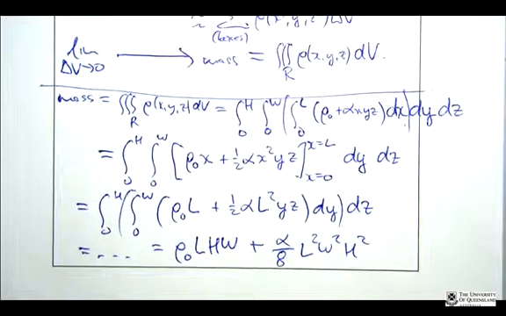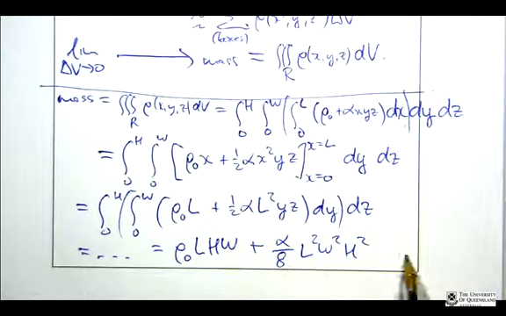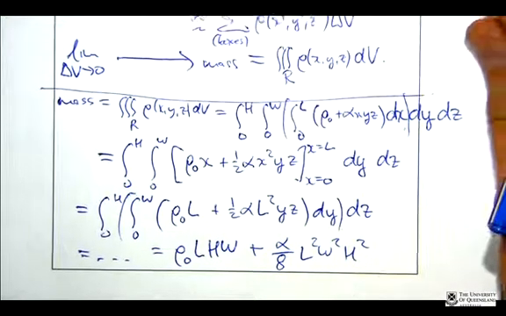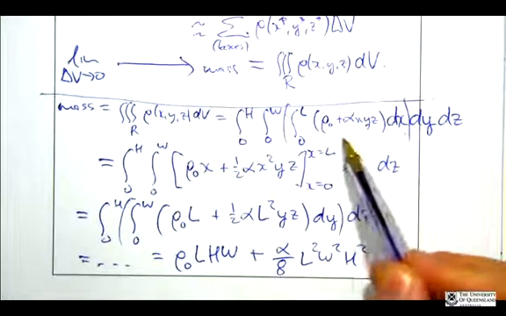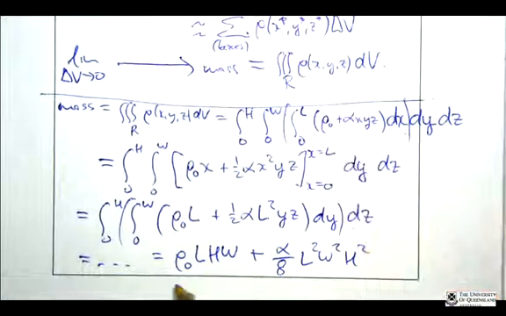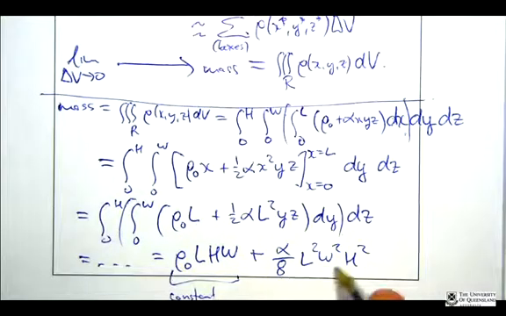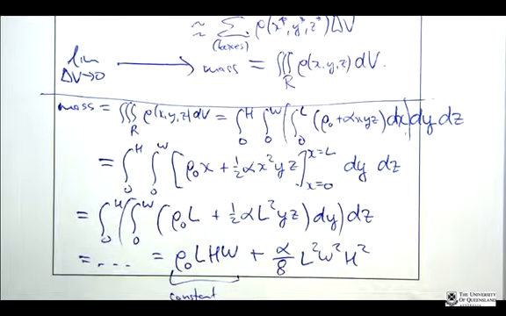One thing you can see here is, if alpha was 0, what would that density function look like? The density function would just be the constant rho naught, and that term in the final answer wouldn't be there.